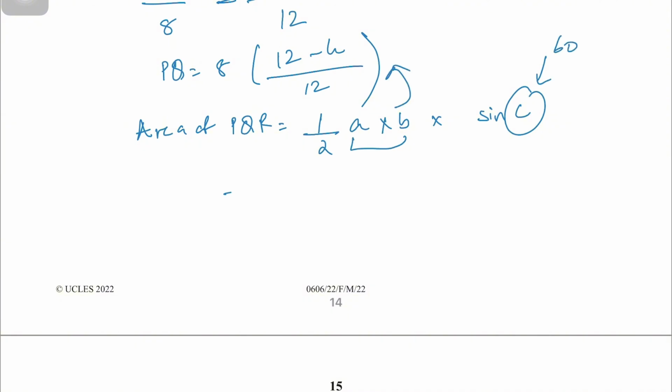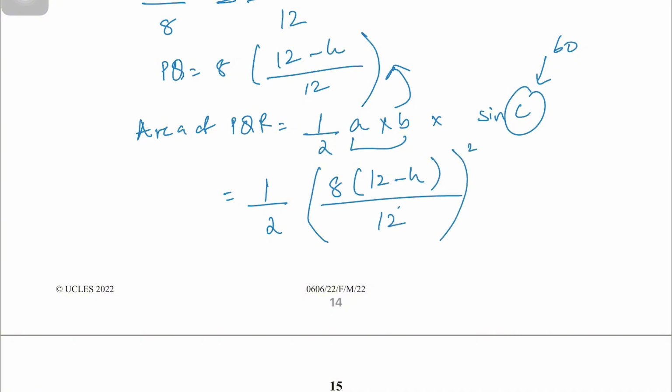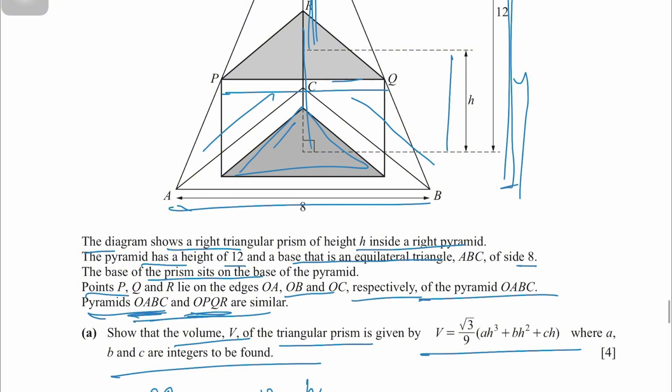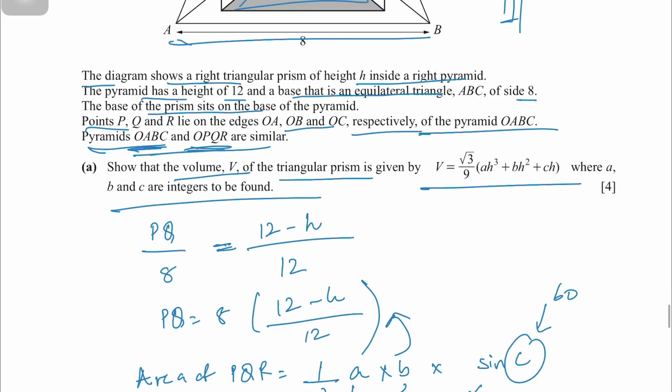This can be squared basically. So this can be written as 1 over 2, 8 times 12 minus h over 12, whole squared. This can be cancelled out, this can be written as 2, and this can be 3, and this 2 squared can be cancelled out. This would be 9, and then this is sine pi by 3, right? And then for volume we need to multiply it by h.